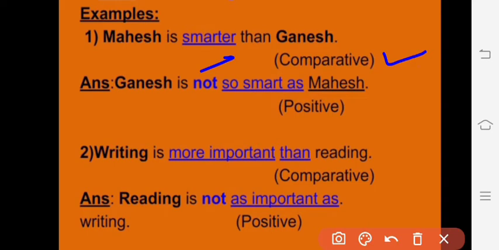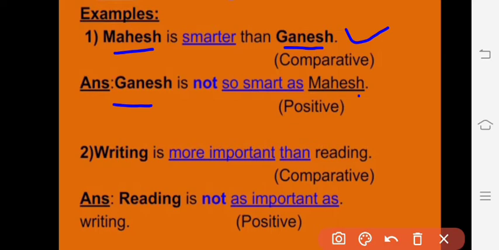Now if we want to convert into positive formation, which are the rules? First, you have to interchange noun or pronoun. So here Ganesh and Mahesh you have to interchange. Then if the comparative sentence is affirmative, means positive way, convert it into negative formation. So apply no or not.